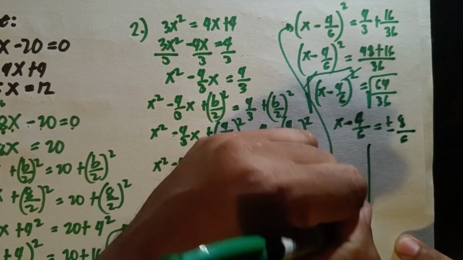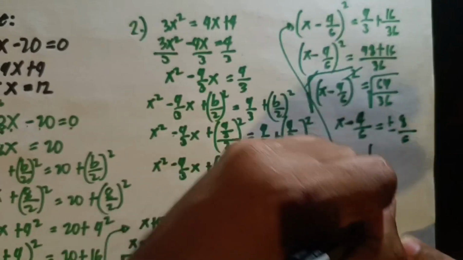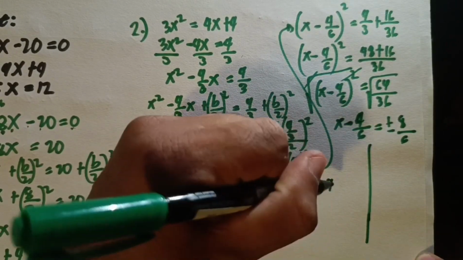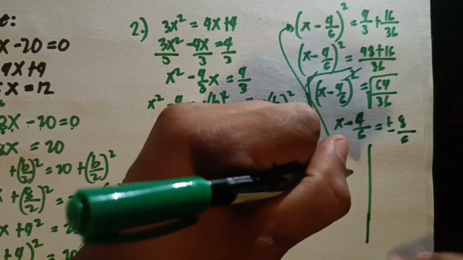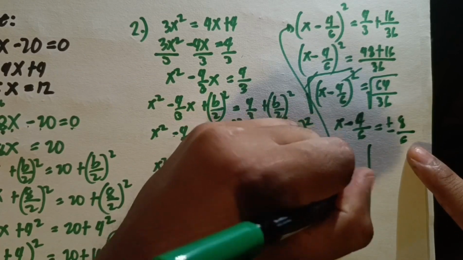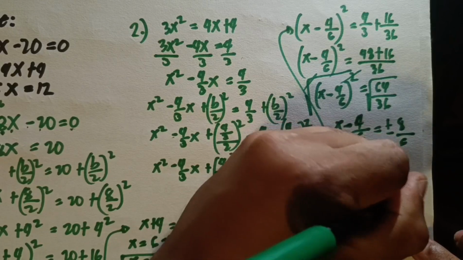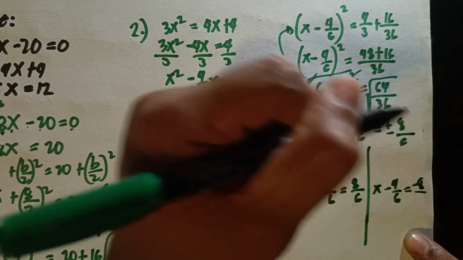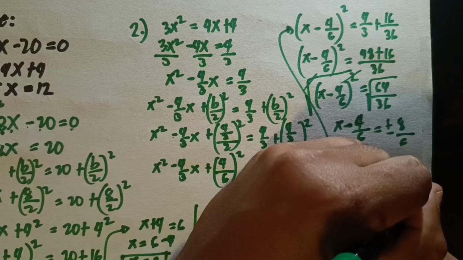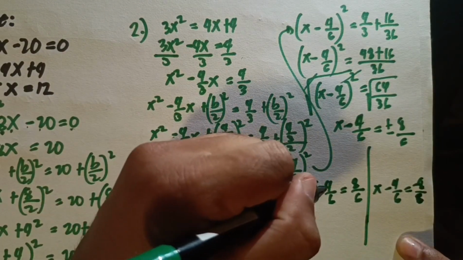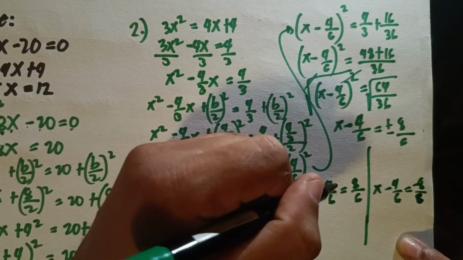So we have here x minus 4 over 6 is equal to, first, positive 8 over 6. The other one is x minus 4 over 6 is equal to negative 8 over 6. We are going to transpose negative 4 over 6 to the other side.